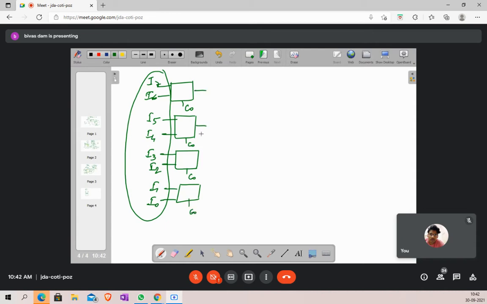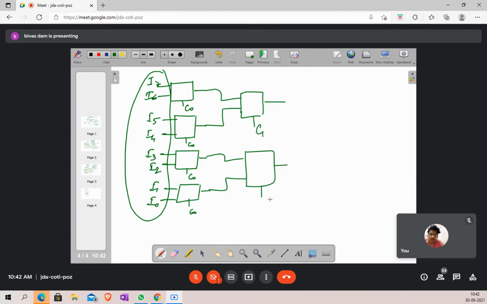How many outputs are you generating here? 4. So how many second stage 2:1 multiplexers can you predict? 2. Once again, we have to maintain the proper sequence. Here, the next higher significant control bit should be connected.